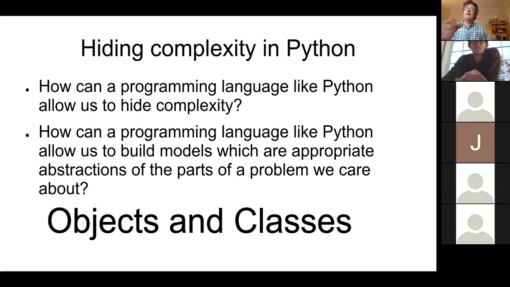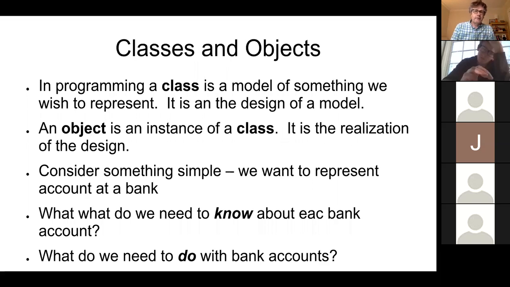You have a cookie cutter and you have some dough laid out on the table, and you push the cookie cutter in, and you can make lots and lots of those things once you have the model for it. The class is like the model, and the object is like the thing that you're making, right? Cookie cutter is like the class. The cookies are like the objects.